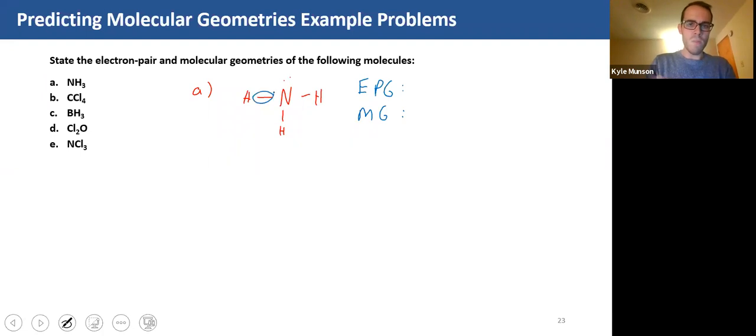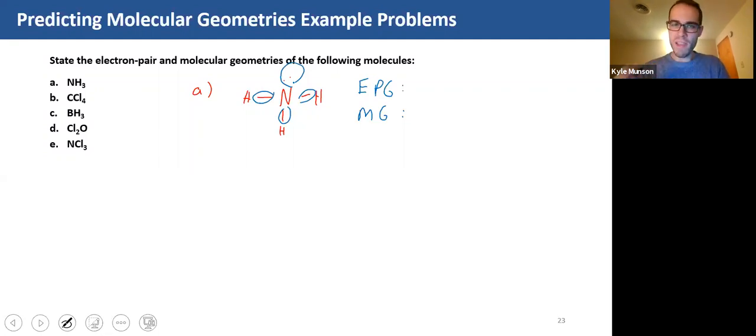So there's 1, 2, 3, 4, or excuse me, sorry. 1, 2, 3, 4 pairs of electrons. I was counting singular electrons there. I got so used to the Lewis structures that I'm just counting. So there's 4 pairs of electrons here.